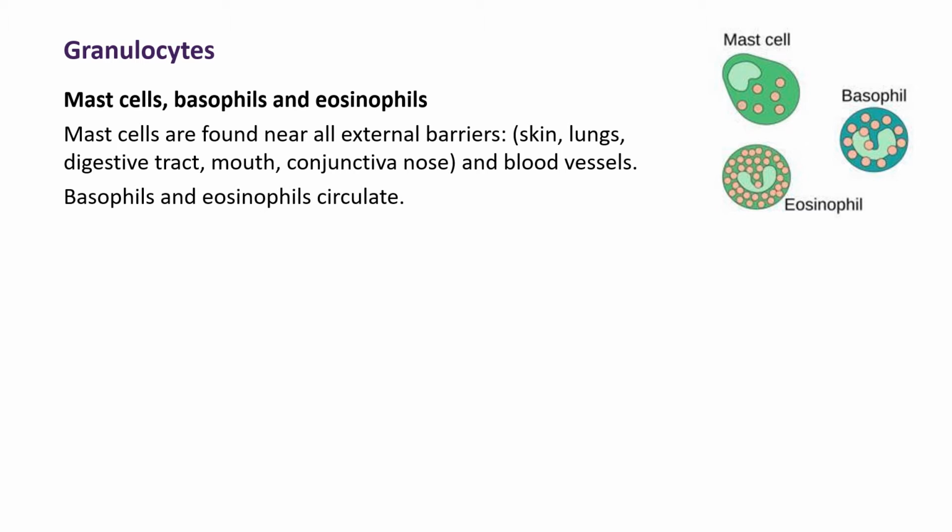Now, mast cells are found near all the external barriers, and this is why they're quite significant in terms of allergic responses, in terms of urticaria, in terms of bronchospasm, because they are very close to the skin, they're very close to the mucosa. They're also found near blood vessels. So basophils and eosinophils, though, tend to circulate.